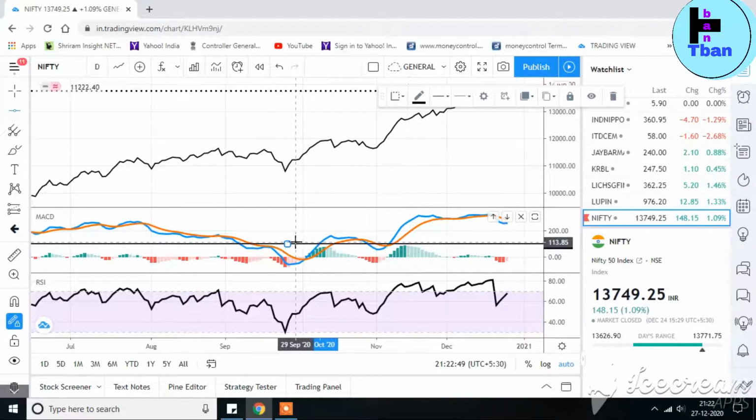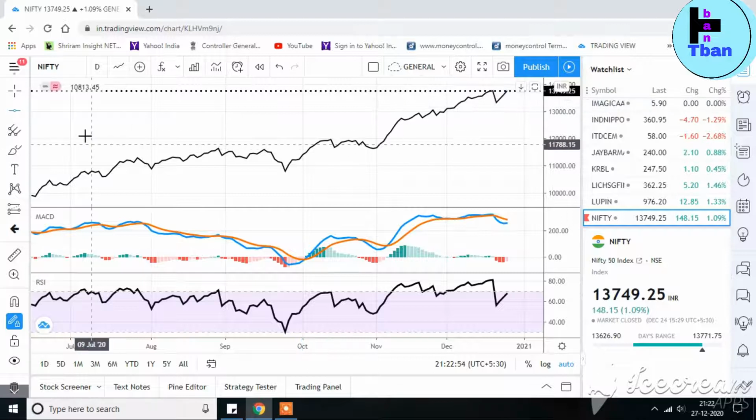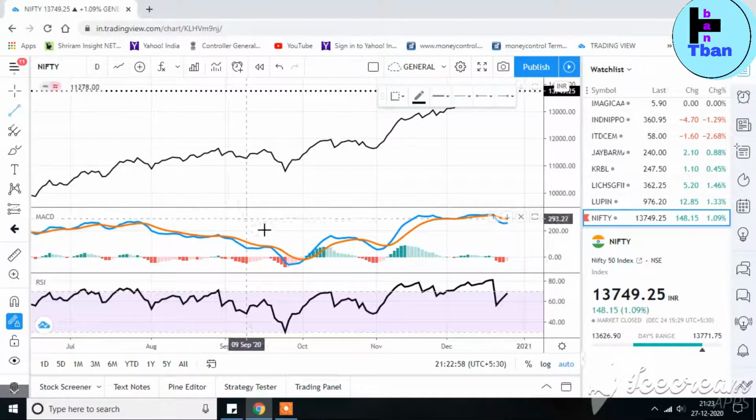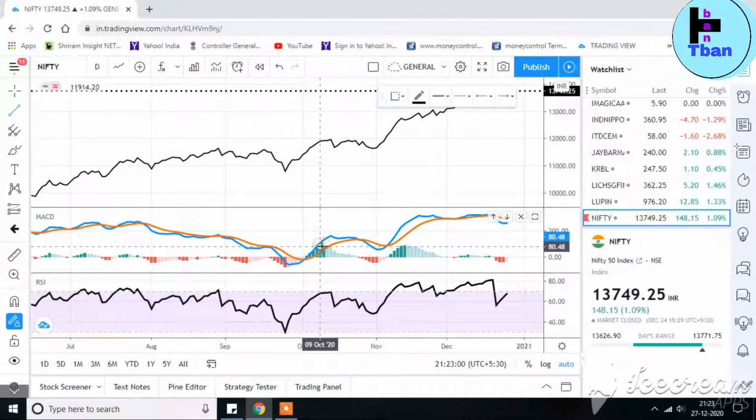Also use a trend line. You also follow it nicely. This top to this top, particularly on the histogram.